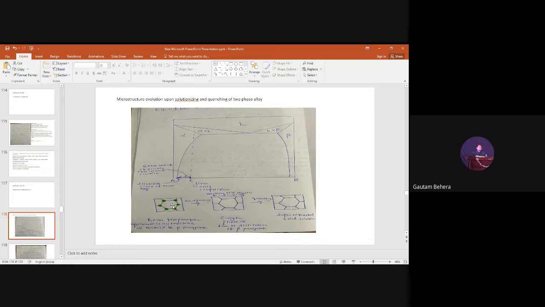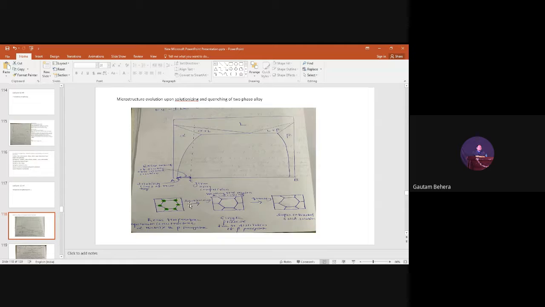Green color are precipitates along the grain boundary. Yes, very good. We can see grains, and this green color are the precipitates along the grain boundaries. Very good. So since this is a two-phase alloy, suppose this grain is alpha, and this green color precipitate is beta.